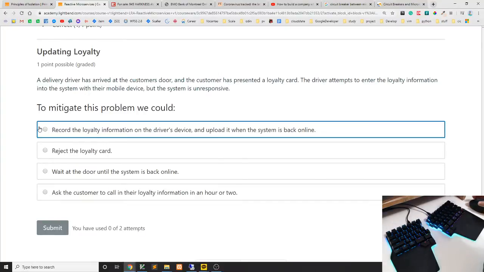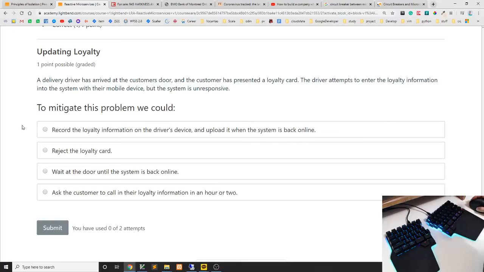Updating loyalty. A delivery driver has arrived at the customer's door and the customer has presented a loyalty card. The driver attempts to enter the loyalty information into the system with their mobile device, but the system is unresponsive.